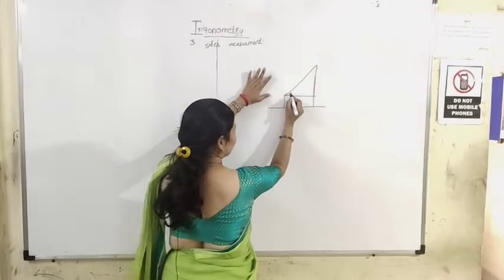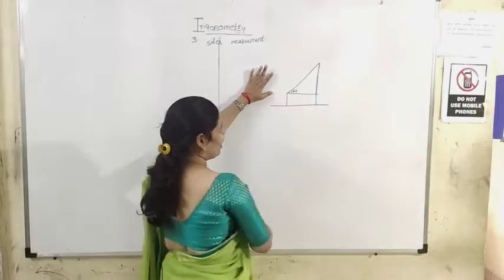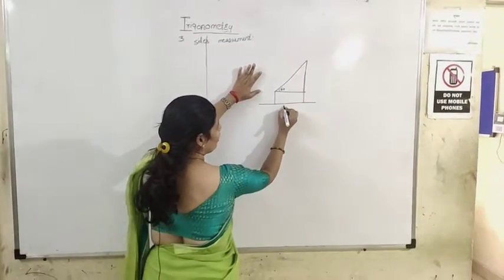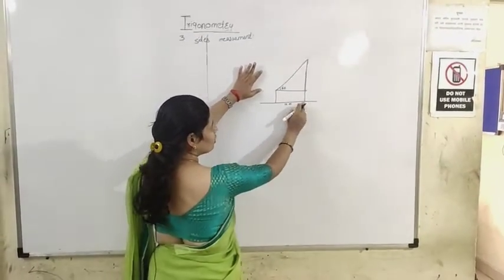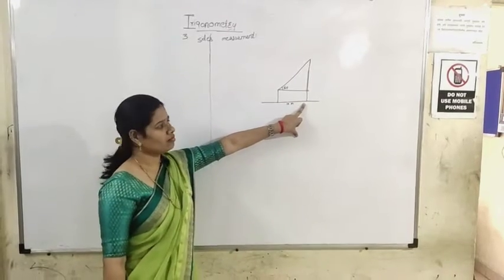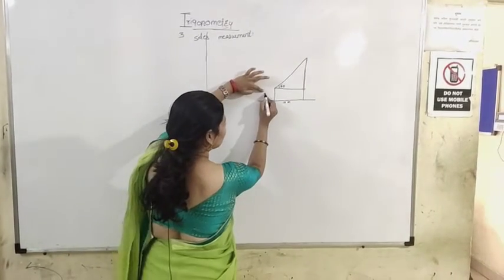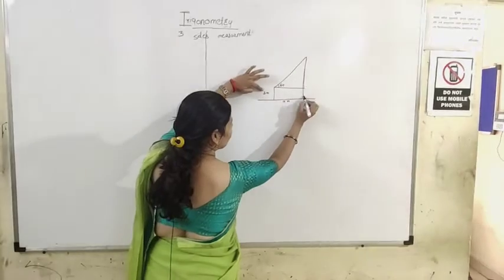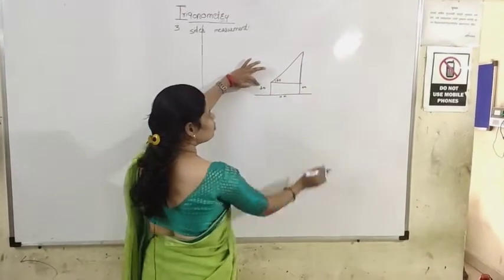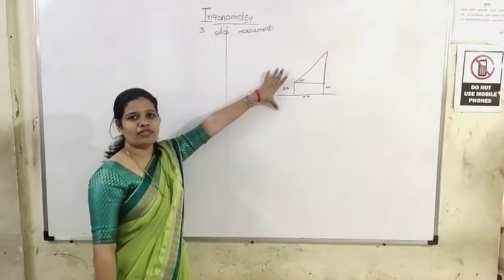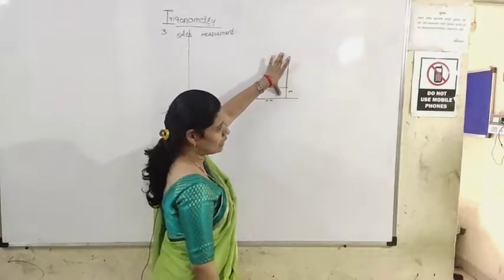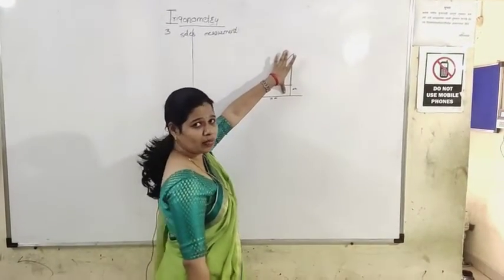Suppose that angle is 60 degrees and I am 10 meters away from the building. My height is 1 meter, then this height is also 1 meter. By using this information, I can find the height of the school building by using trigonometry.